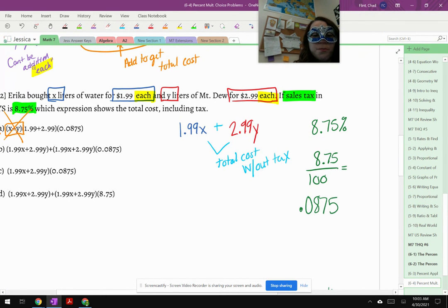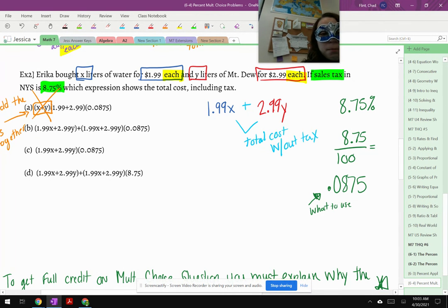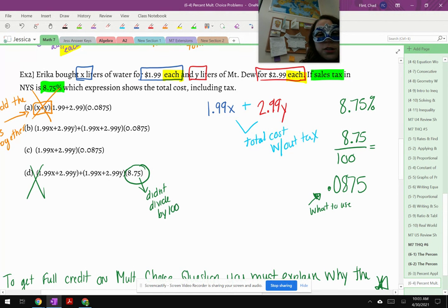That means this is what I'm going to use in the equation, which means I can immediately eliminate choice D because they did not divide by 100. Notice how all of the other percentages match. They have that 0.0875.